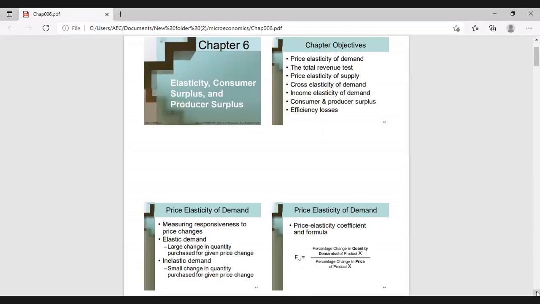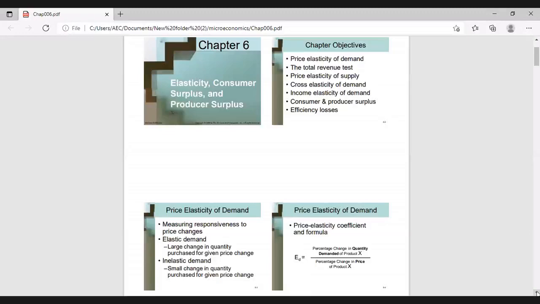And also, if we measure the elasticity of demand, we can compare the consumer response to different products for the same price change. So we can compare which product changes more for the particular price change. So we can compare between the commodities also, how the consumer responds.